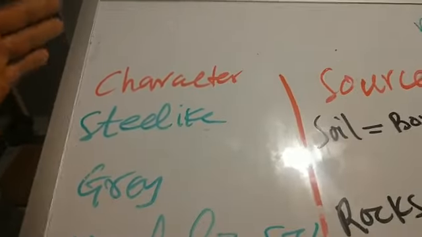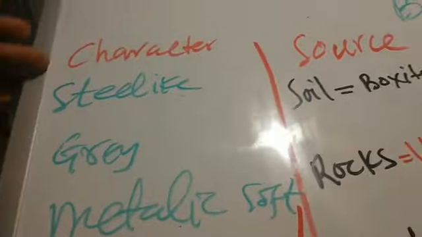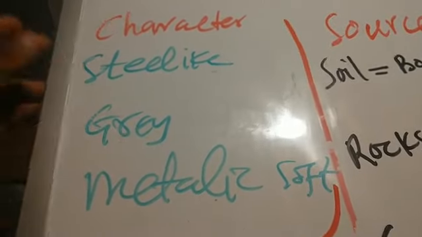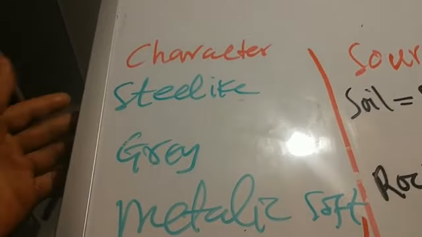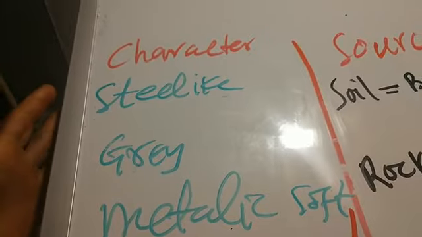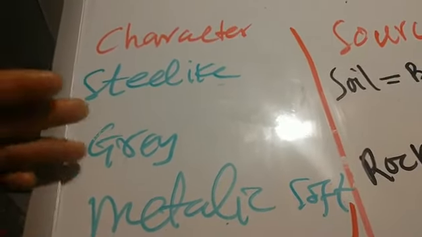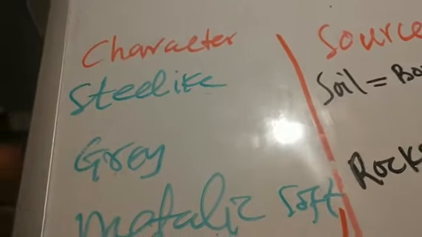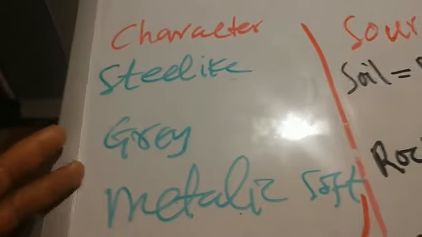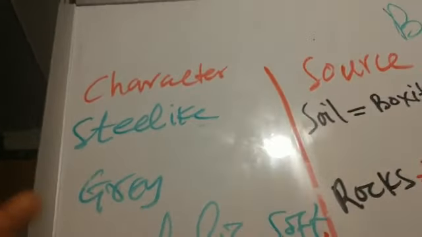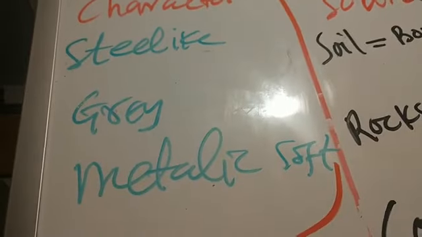Now, I'm just taking you straight up. The characteristics of beryllium are that it's like steel, meaning it's somehow rigid, very hard or tough. It looks gray, and it's metallic.